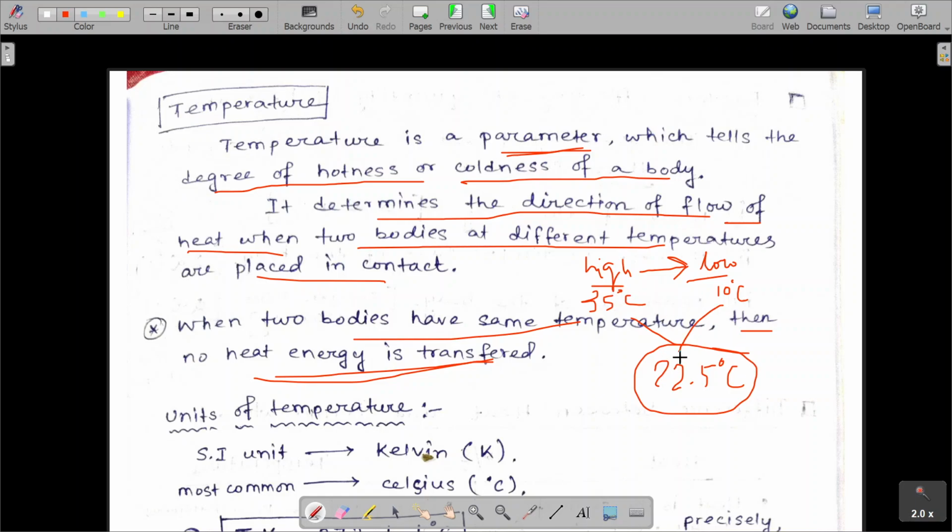Now both bodies have the same temperature, so there will be no heat transfer, and this is known as the equilibrium temperature. We will learn about this later in this part.